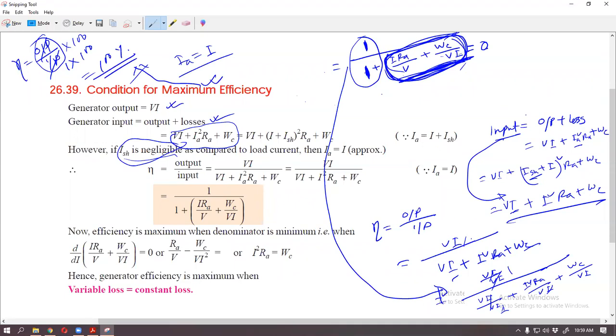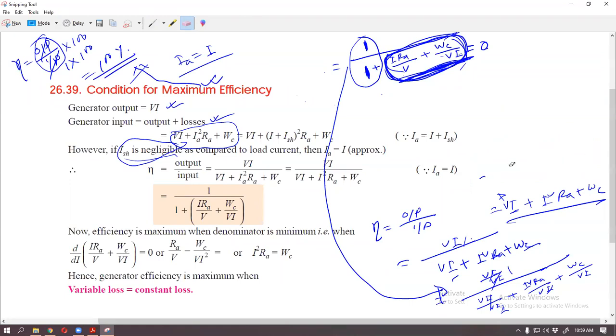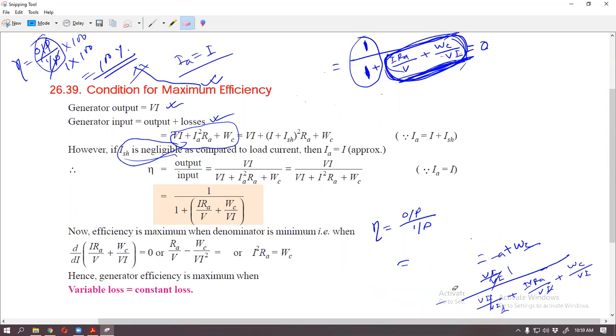Now we differentiate. You know the mathematical equation, differentiation, integration. Differentiation has maybe already been finished by Anisur Rahman sir, who already cleared your differentiation problem.